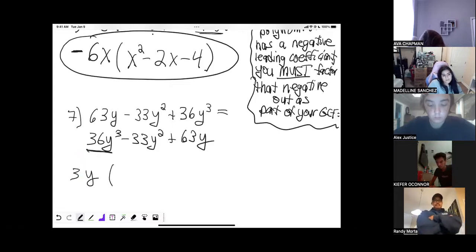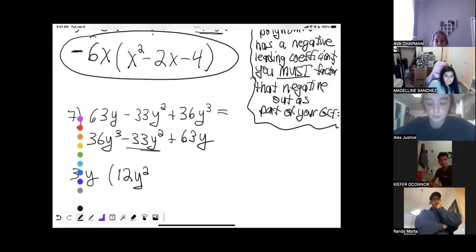Again, I'm just going to underline so you know where I'm at. So we're going to divide this. 36 divided by 3 is 12. y to the third divided by y is y squared. Do you see how I'm doing each one at a time? I do my coefficients first, and then I do my variable second. Always think that way. It makes it that much easier if you just think one at a time. All right, now I am over here.